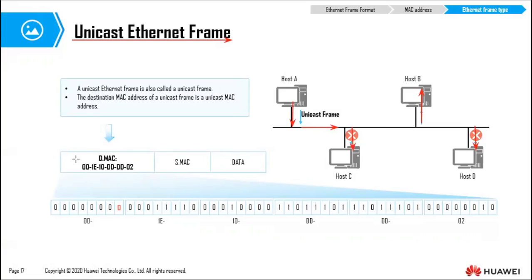Why? Because the destination MAC address is for host B, 02 is for host B. So you can see that for a unicast MAC address, that bit of the first octet, or byte, is going to be a 0 because it's a unicast.